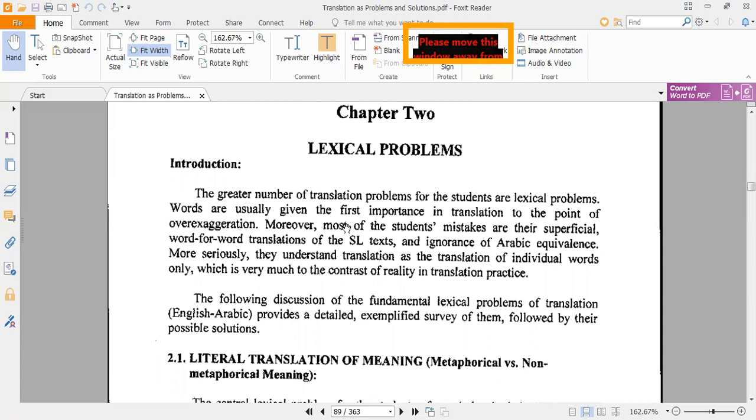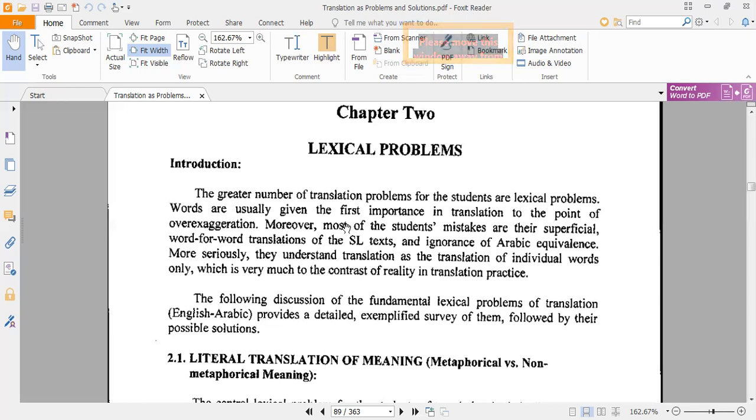This constitutes a problem in translation because the number of types of the conditional sentences in Arabic and English is different. This means that we have a type in English that does not exist in Arabic, and its rendition will constitute a problem.